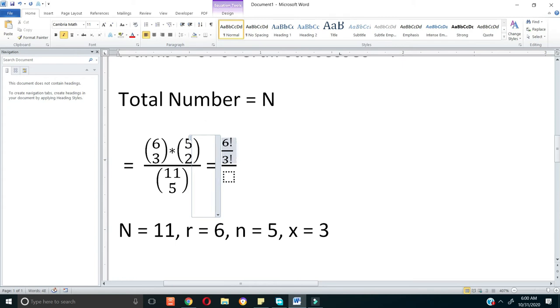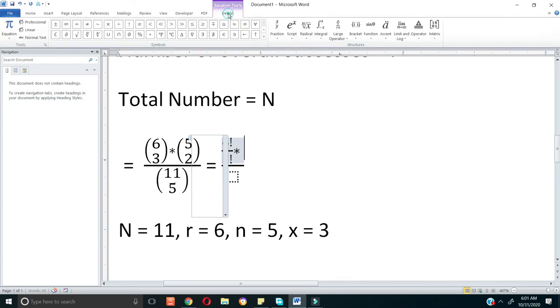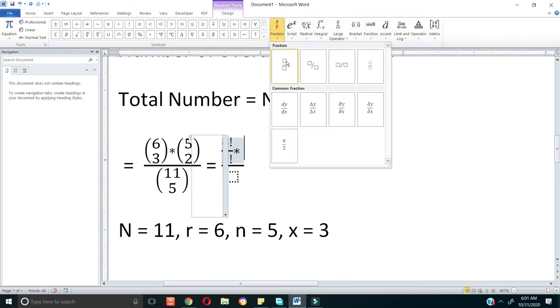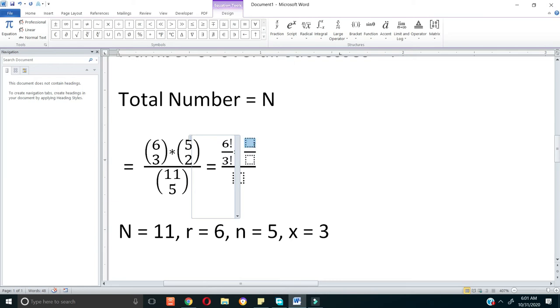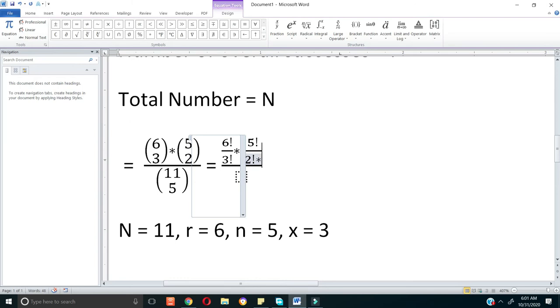Then we want to multiply by another fraction, 5 factorial over 2 factorial times 5 minus 2 factorial, which is 3 factorial.